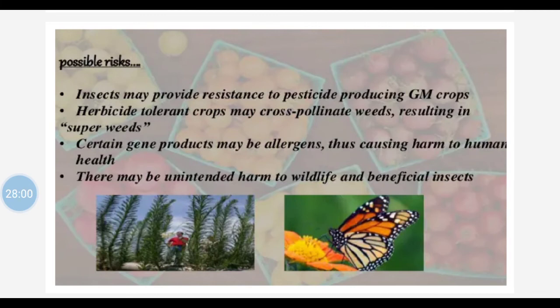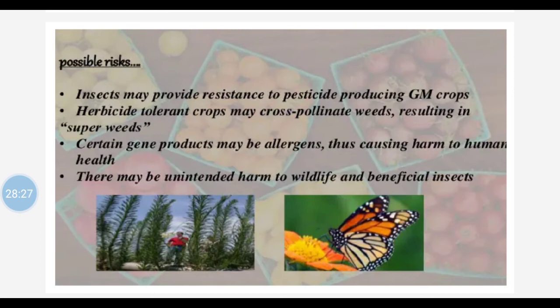Certain gene products may be allergens, thus causing harm to human health. Allergic reactions we have discussed, so that is one of the major risk factors associated with these GM foods. There may be unintended harm to wildlife and beneficial insects.